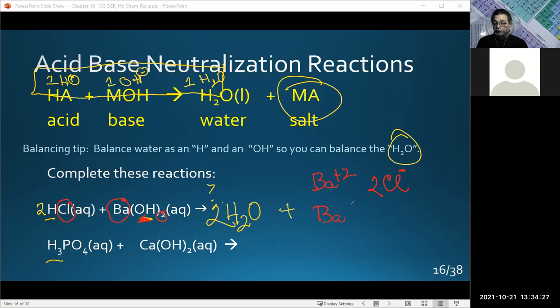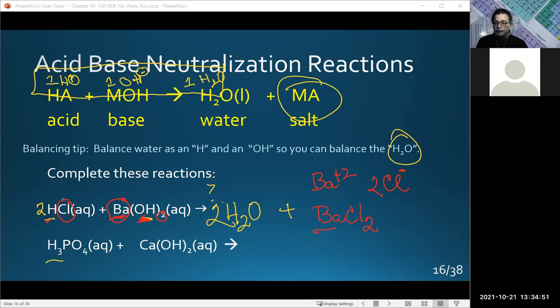So the formula is BaCl2. And check this out. If we look at the barium now, we got 1 barium over here, 1 barium over here. We got 2 chlorides in the form of barium chloride, and guess what? We have 2 chlorides in the form of hydrochloric acid, okay?